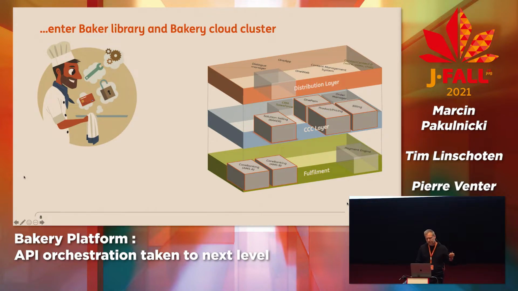And then on the bottom, you have your deep backend fulfillment, right? Your traffic towards the payment systems, international payment systems, like the international banking payment system in our case. And then right in the middle, you have the orchestration between all these layers. And this is exactly where we have Baker in place.